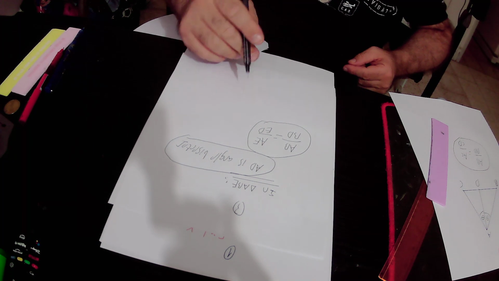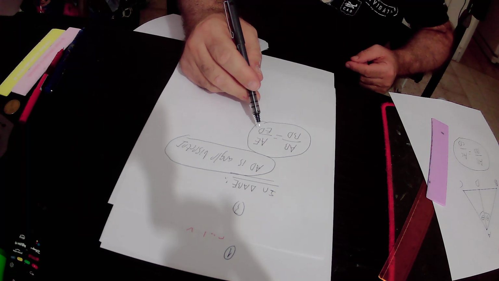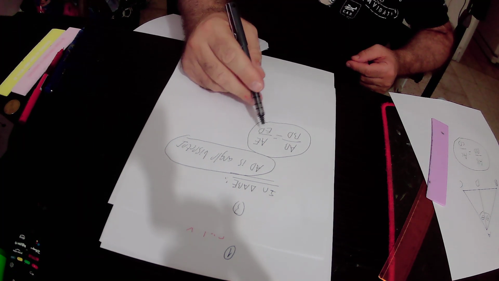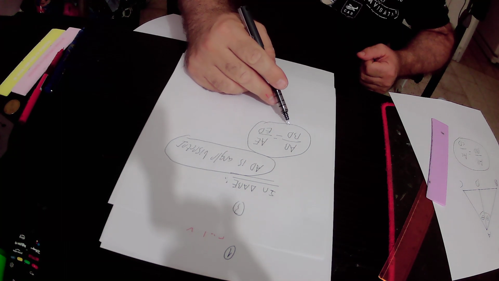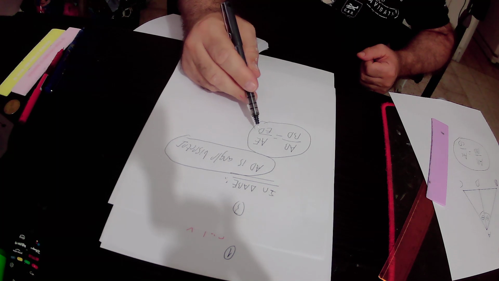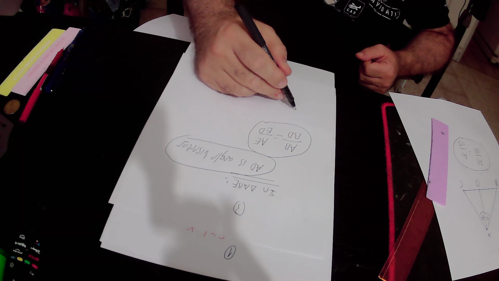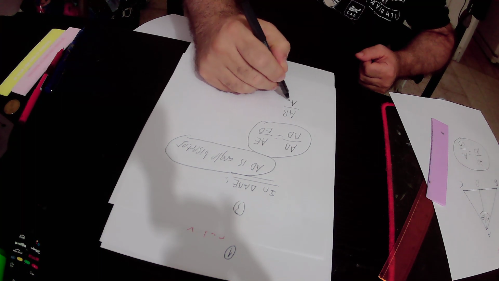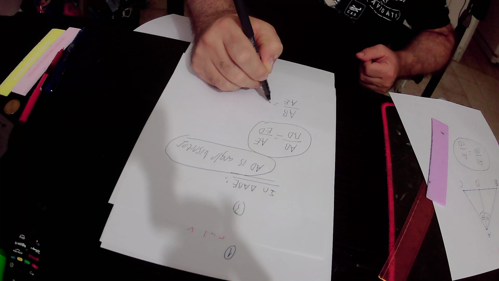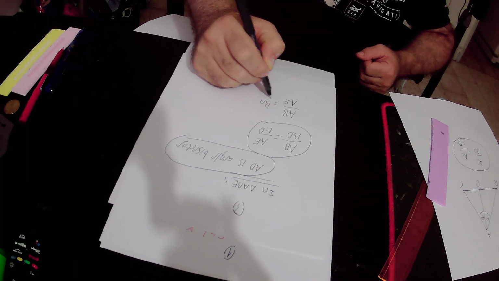So here we will divide this equality by AE, and then we will multiply it by BD. We will get that AB over AE equals BD over ED.